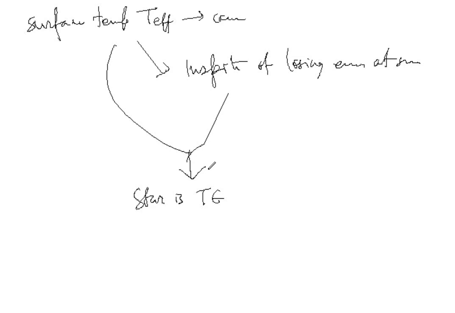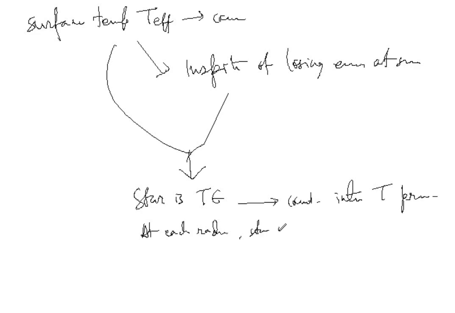As a result, the star maintains a constant internal temperature profile, T profile. That means that at each radius or distance from the center, the star is neither heating nor cooling.